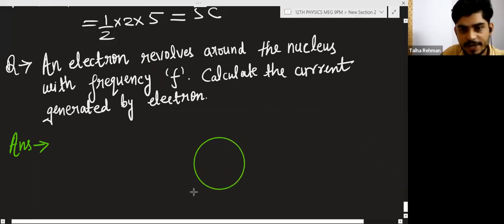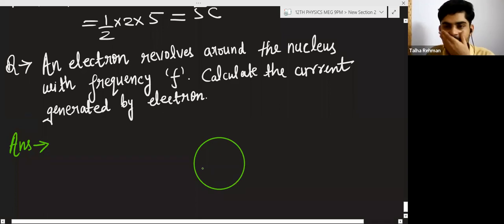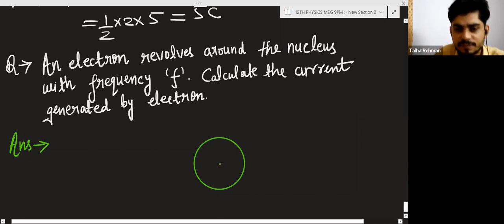If you have some idea, consider the atom as spherical. In the atom, basically, at the center there is a nucleus, and electrons revolve around this nucleus like this.